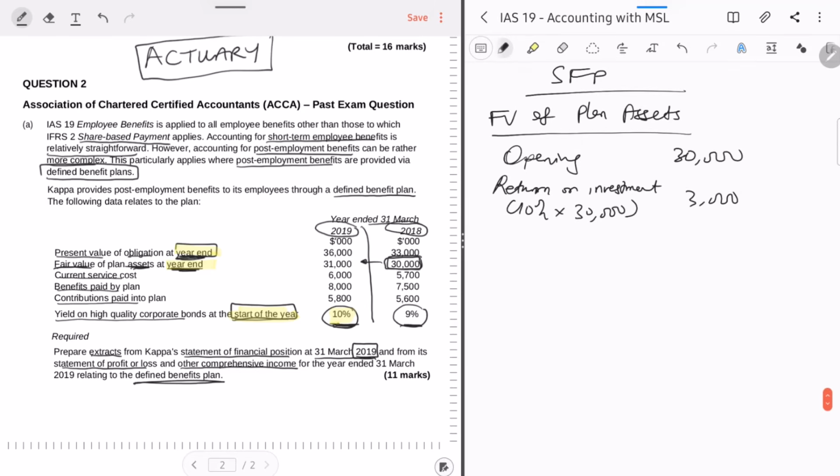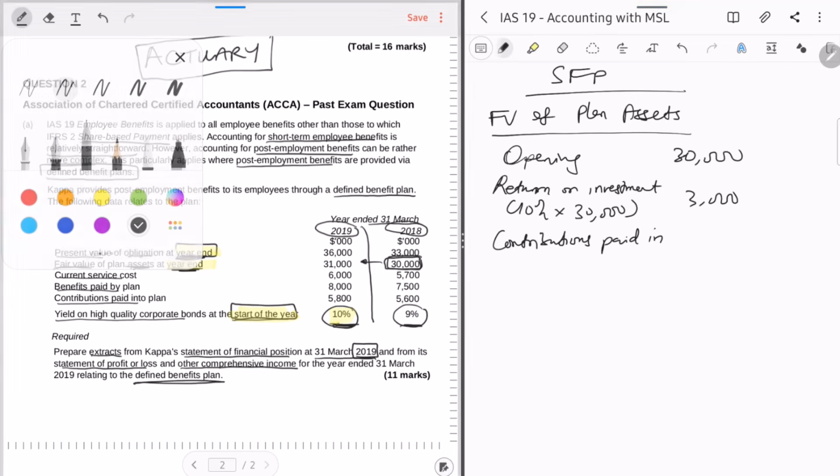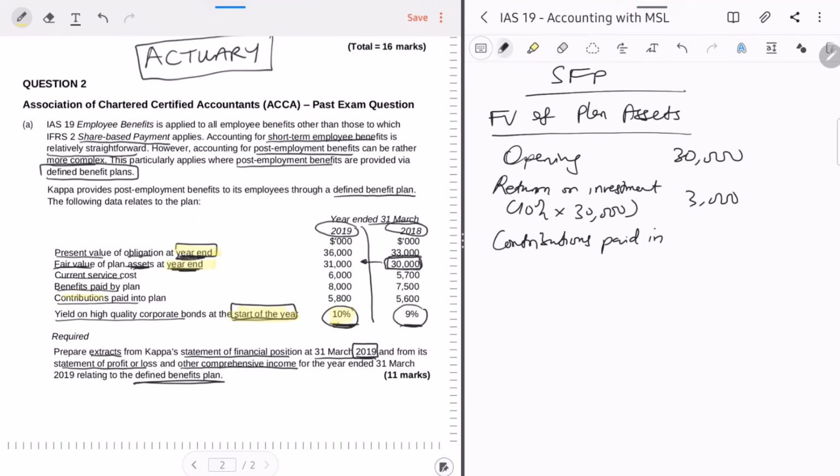What next? Remember the next thing we said, you add your contributions paid in. If you watch here, we have contributions paid into plan of 5,800. Please take note once again. Here you want the contributions paid in the current year. Those ones are not opening balances. You want the current year figure.